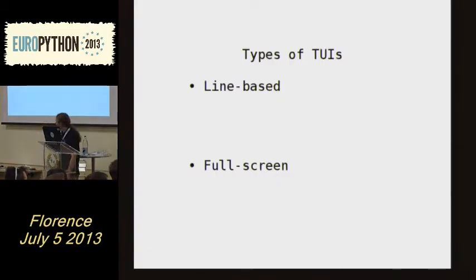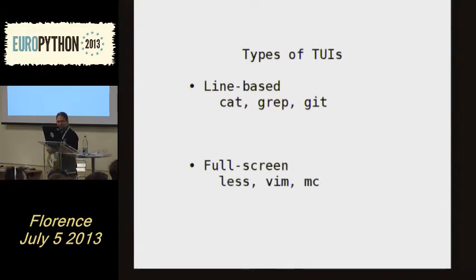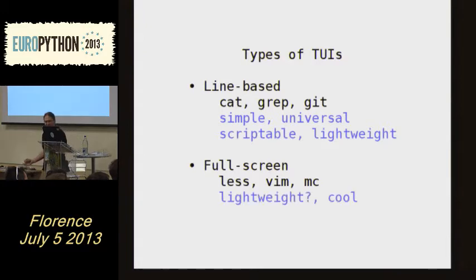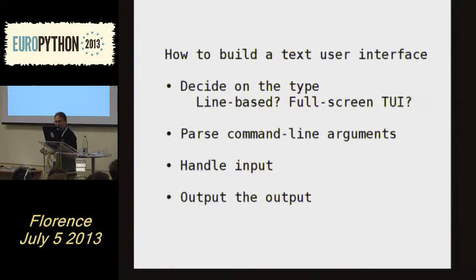So what are the types of text user interfaces? We have line-based, like cat, grep, git, simple stuff. We have full screen, like these slides that take over your terminal. So the first one is simple, universal, scriptable, lightweight. The second one, not so much. So when you build a text user interface, you should decide which one you want to do.